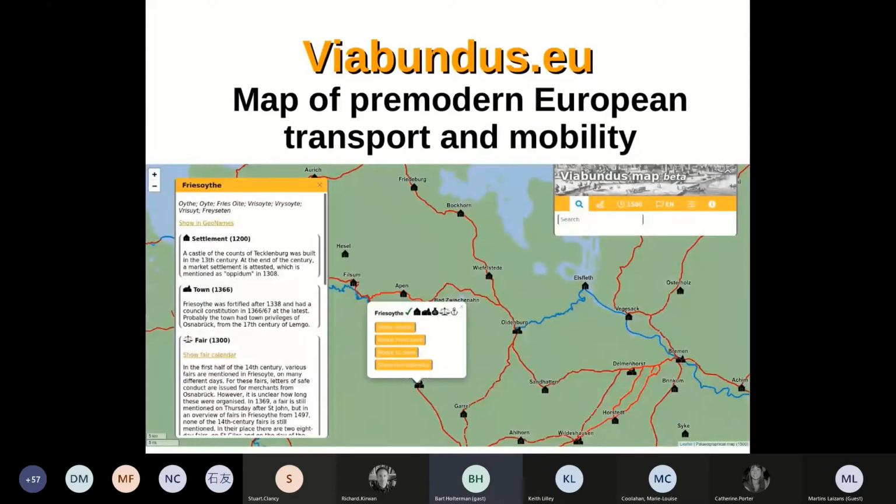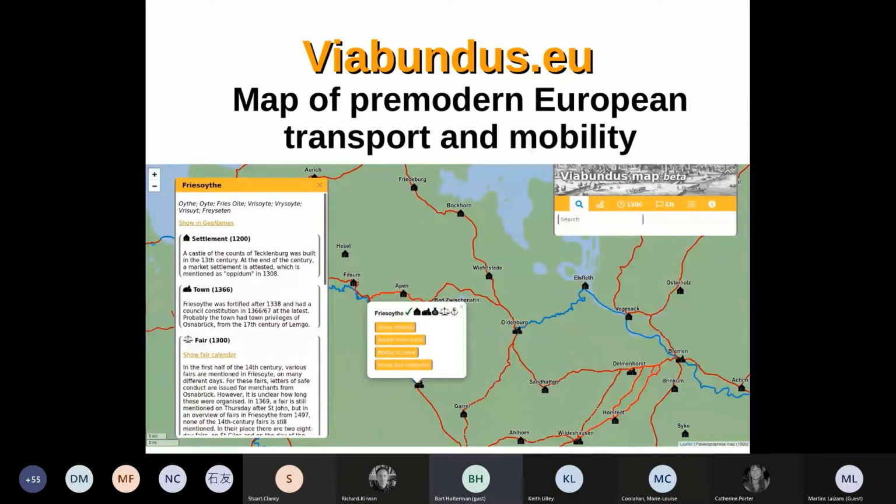We have presented the website that has come out of this project as the website viabundus.eu, a map of pre-modern European transport and mobility. Here you can see a screenshot of this map. You basically have the lines which represent the navigable waterways and long distance roads.